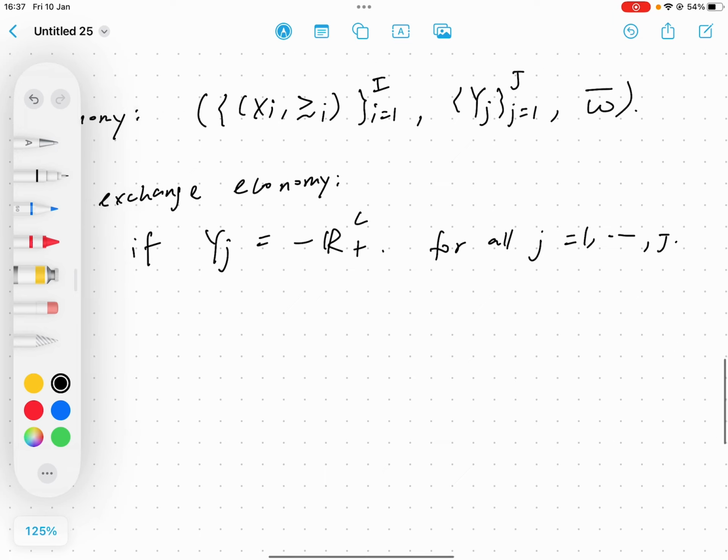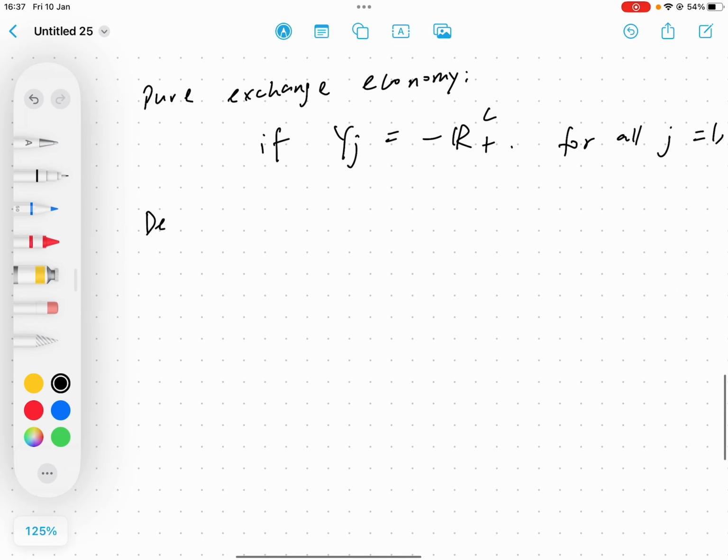So let's make the first definition, for an allocation. That's going to be 16.B.1. So in traditional economics, the main topic of this subject is the study of allocations, or the most efficient allocations, or different kinds of allocations.